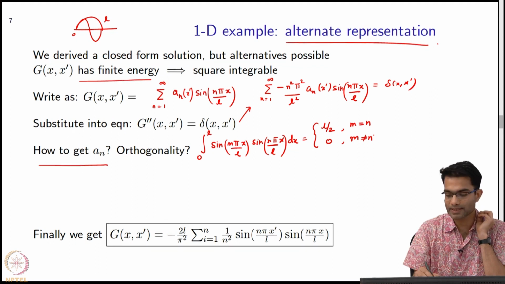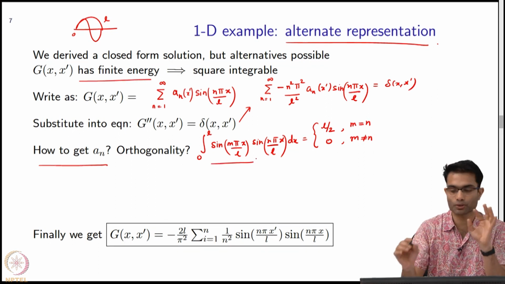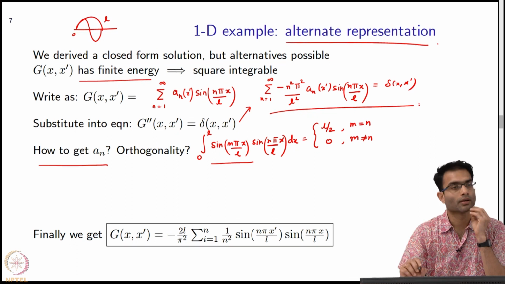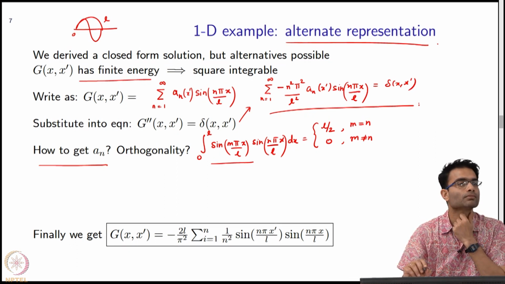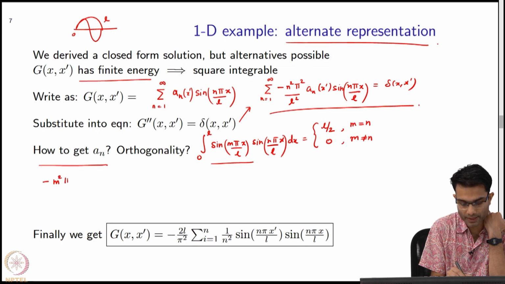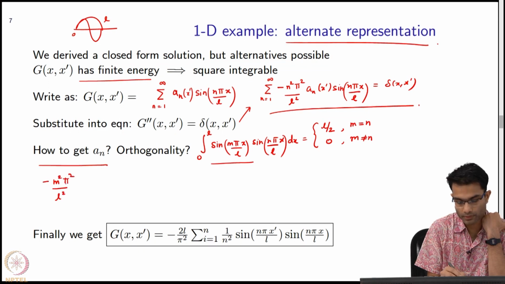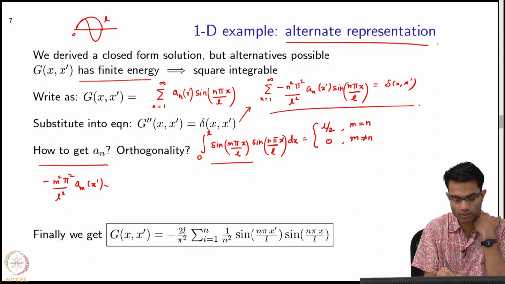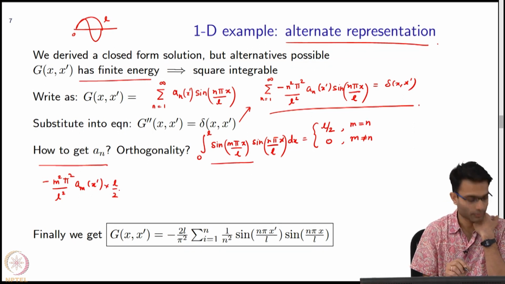I am multiplying by sin m pi x by L on both sides of this equation and integrating 0 to L. Which term survives? M, a m, right. So, the left hand side will be minus m squared pi squared by L squared a m of x prime into L by 2, right.